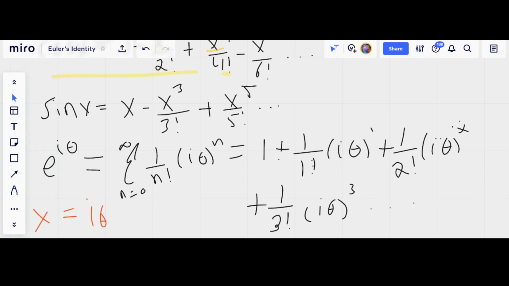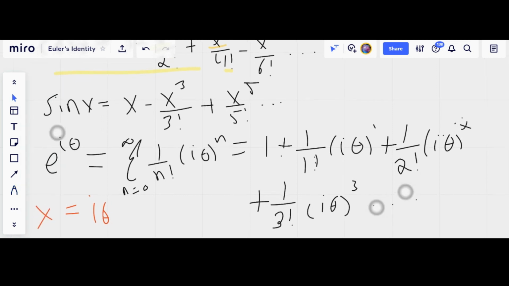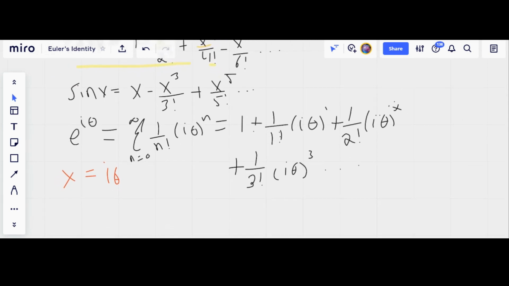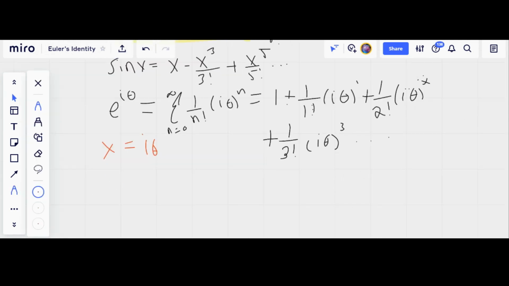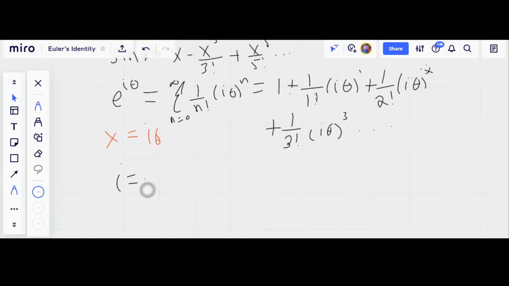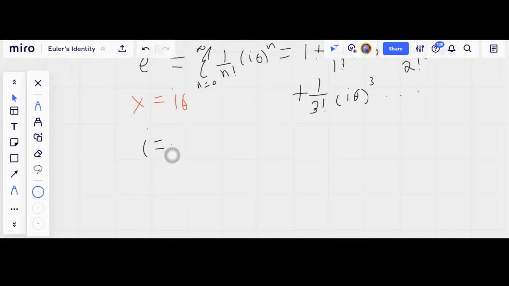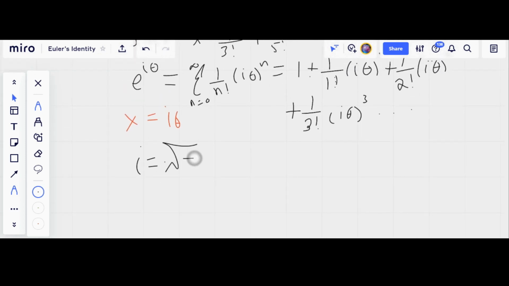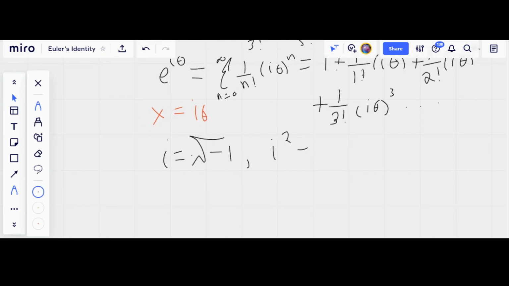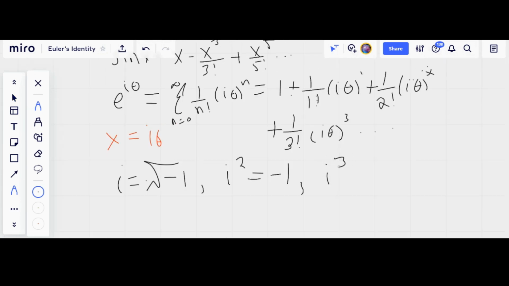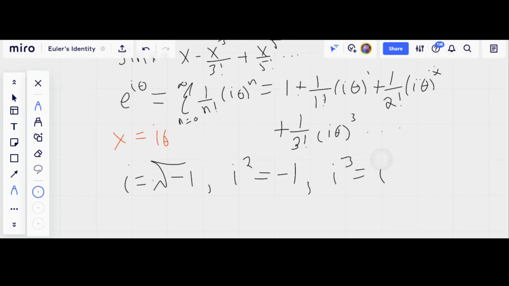All right, so now we have to write all this out into something that looks a bit more familiar. i is equal to the square root of minus 1. Therefore, i squared is going to equal minus 1. i cubed is going to be equal to minus i. And then i to the 4th is just going to be 1.